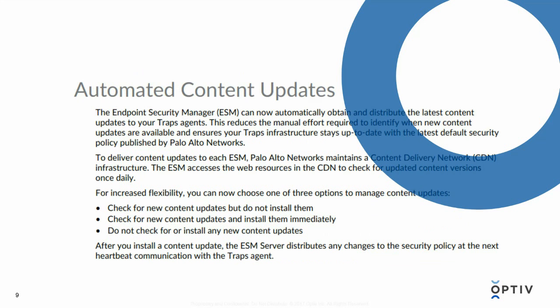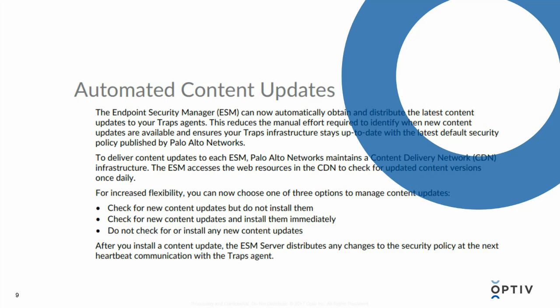Automatic content updates. Like other Palo Alto products, the ESM can now automatically obtain and distribute the latest content updates to the Traps agents. This reduces the manual effort required to go out and pull down updates as needed and then have them deployed out to the Traps agents. There is some flexibility here, with different options to manage those updates.